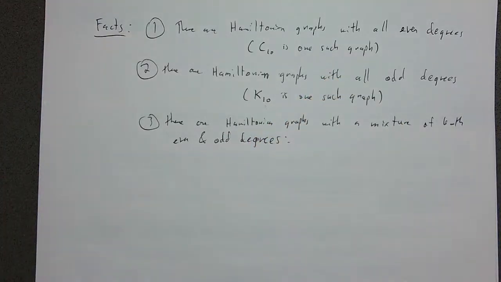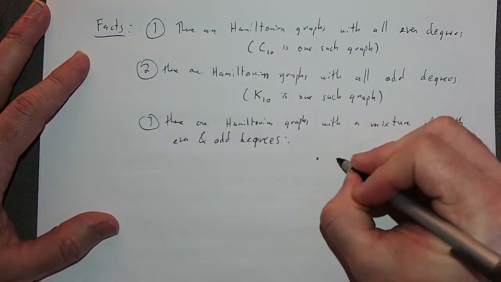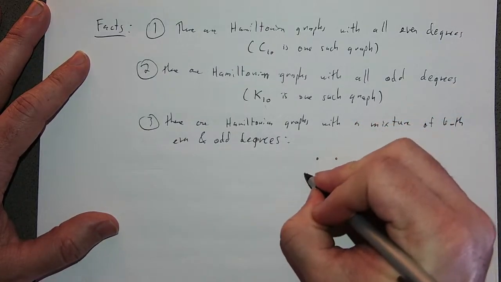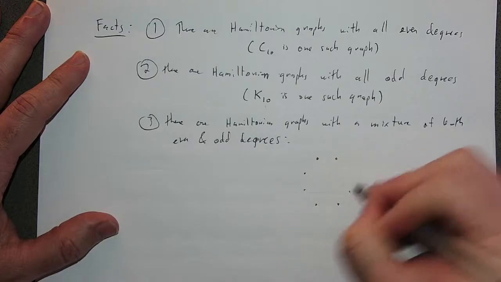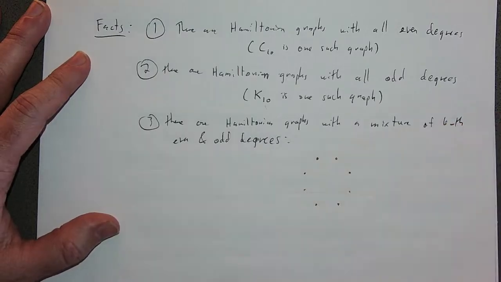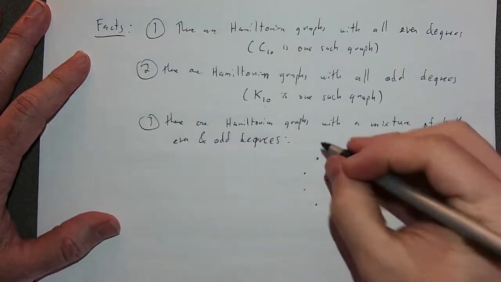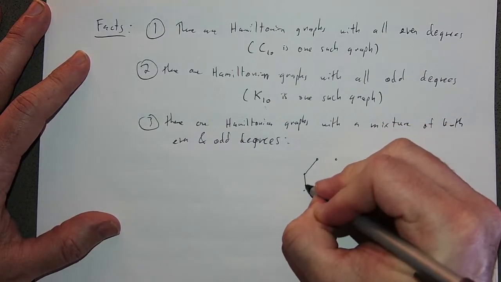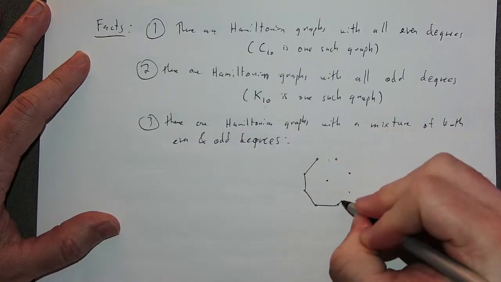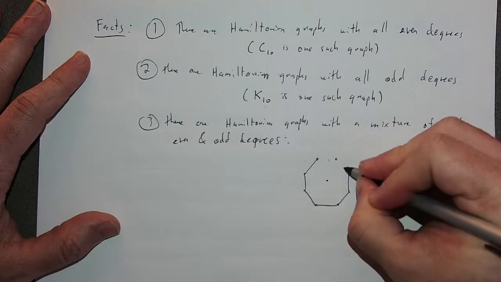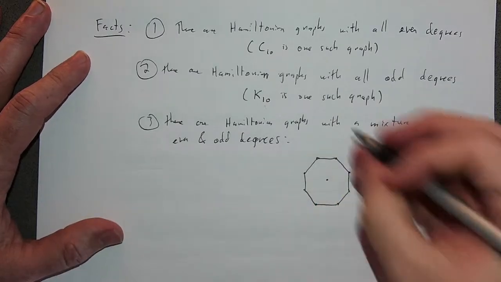Let's just do an example of one of these. So let's take the vertices of a regular octagon, put a vertex right here in the middle, and we connect all of these around this octagon, and then we connect each of these vertices with the one in the middle.